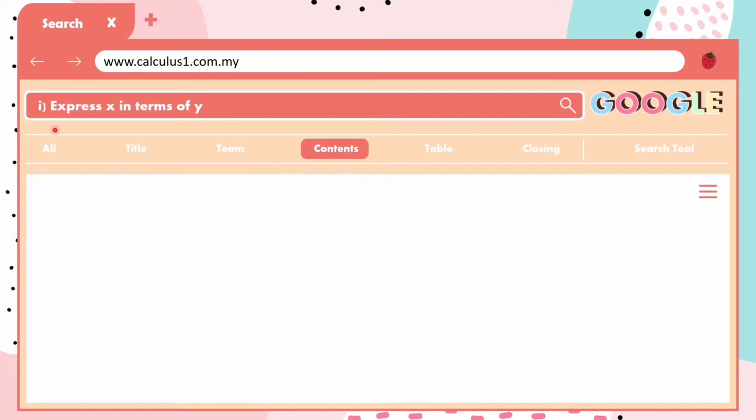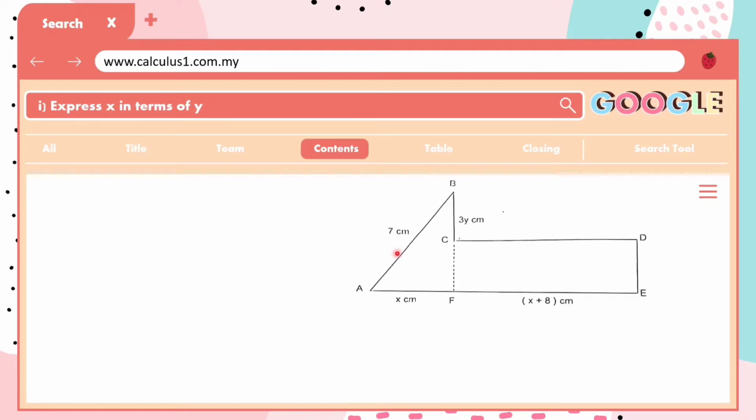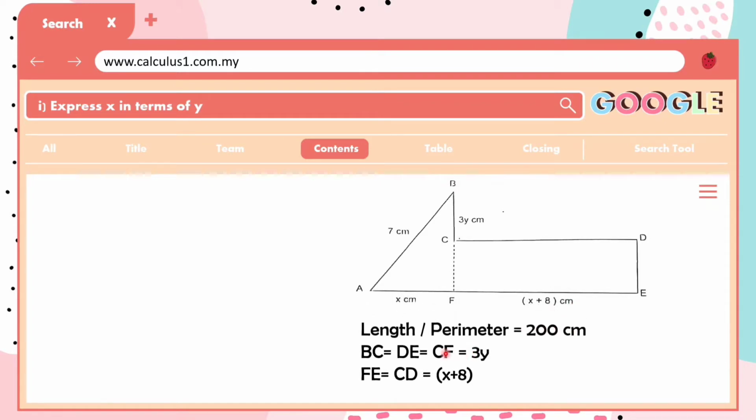Our first question is to express x in terms of y. Before we continue, we will abstract out all the information given. This is our figure and this is the information from the stimulus. The perimeter equals 200 centimeter.